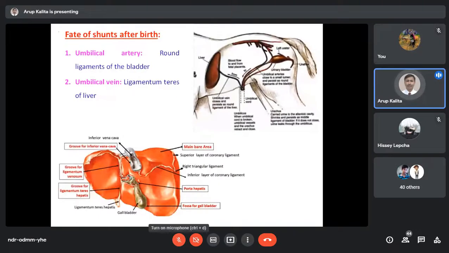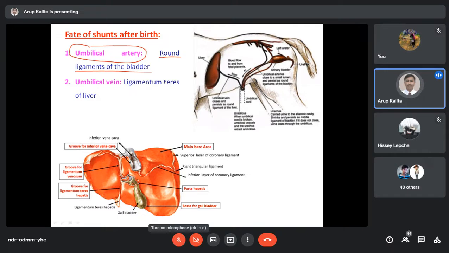Now, first one is the umbilical artery. The umbilical artery will be converted to the round ligament of the urinary bladder in the adult. After birth, we have the round ligament of the urinary bladder. The round ligament of the urinary bladder is nothing but the original structure of the umbilical artery.